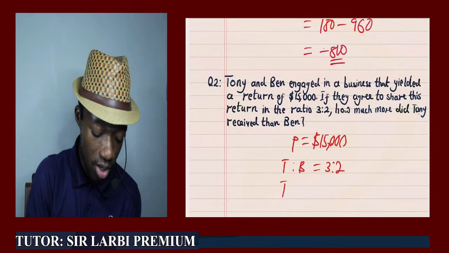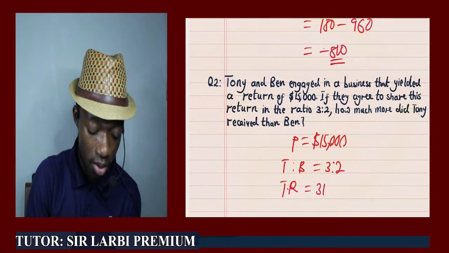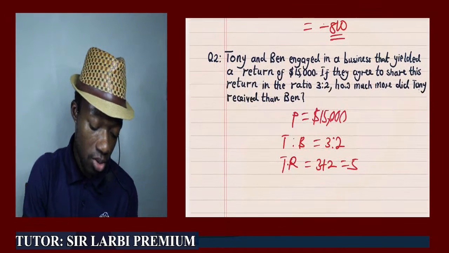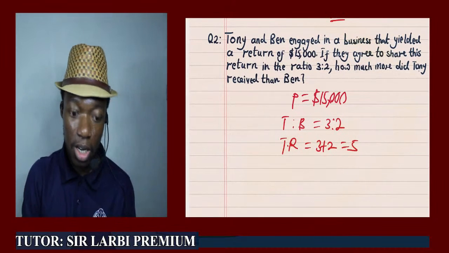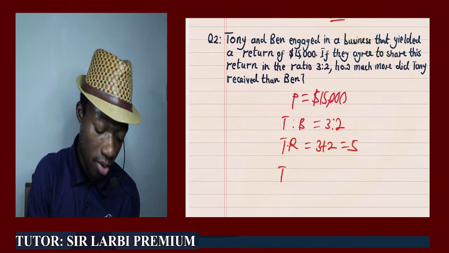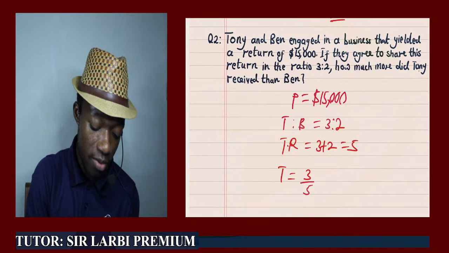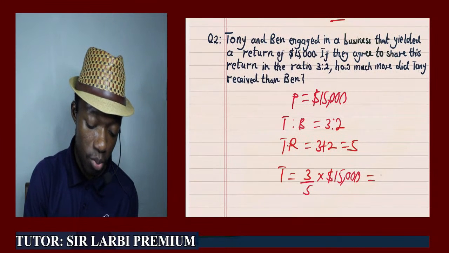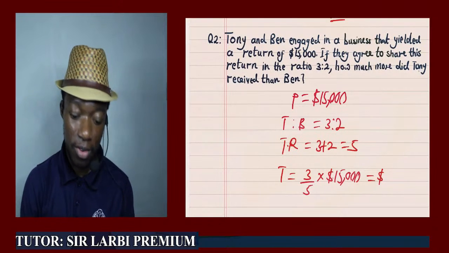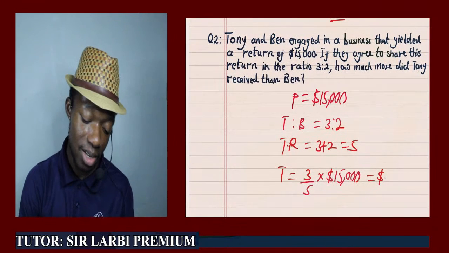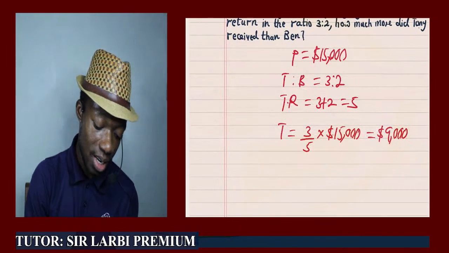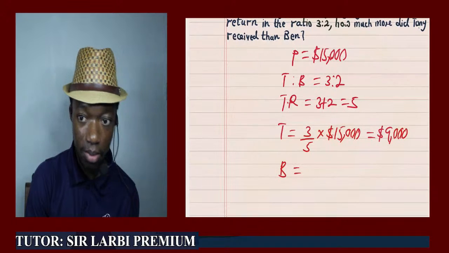So that means we have total ratio equal to 3 plus 2, and we are getting 5. So for us to do the sharing, Tony will have 3 over 5 multiplying $15,000. 5 goes into 15 three times. 3 multiplying 3, we are getting 9. So we're going to get $9,000 for Tony.